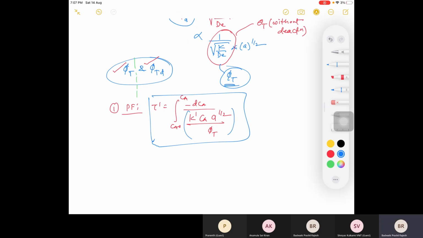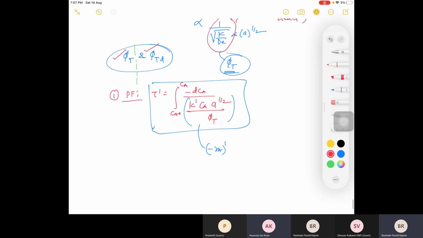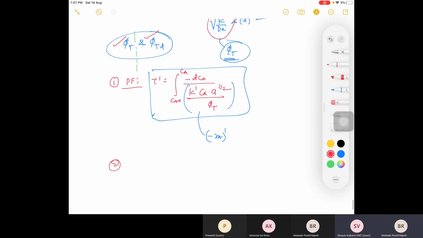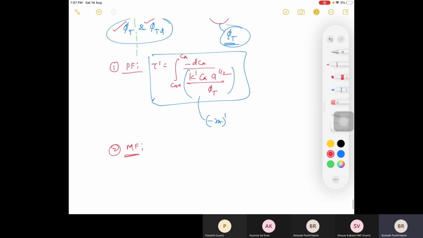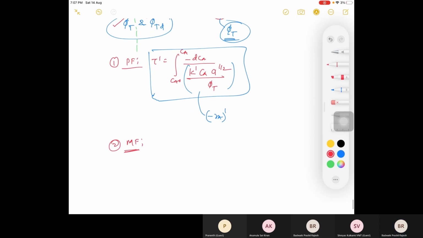I just replace this with minus RA dash. Yes, sir. You can write. Then for MF, you need to tell what is my equation for tau dash.